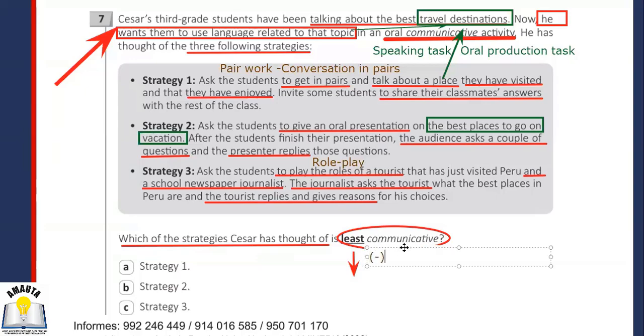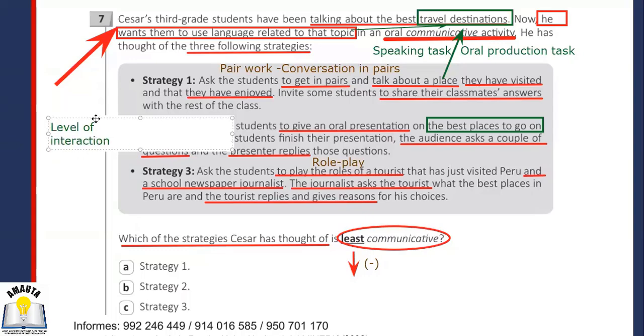Okay, my dear teachers, according to the analysis, what is the answer? If you compare the three strategies, if you compare the level of interaction, definitely we have something important here, right?